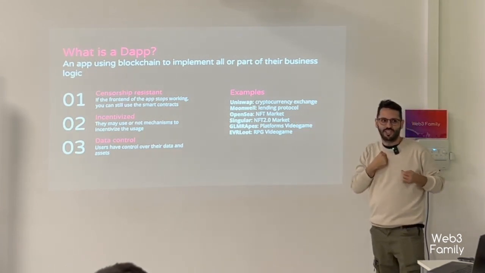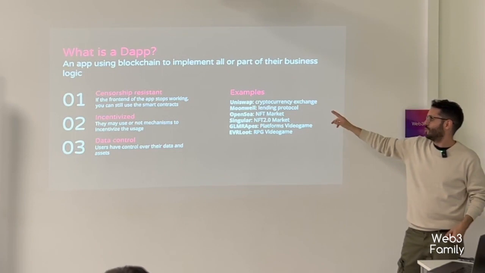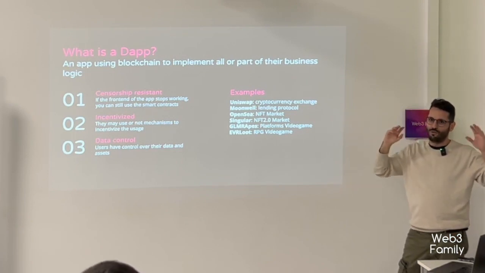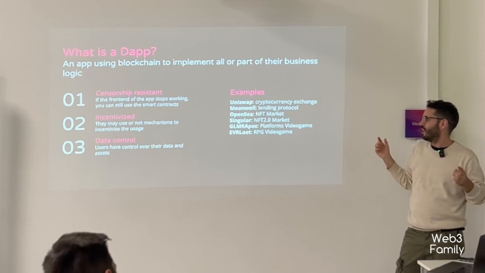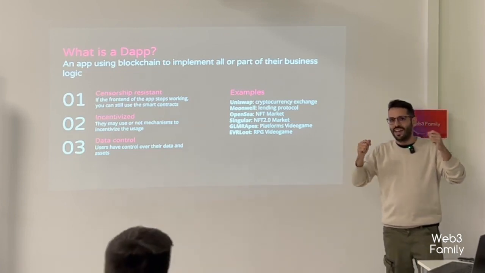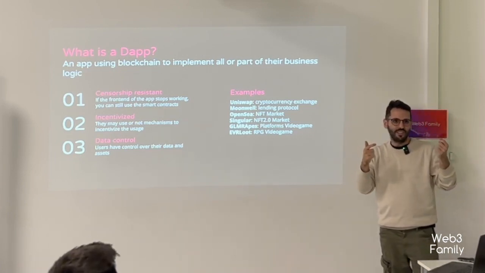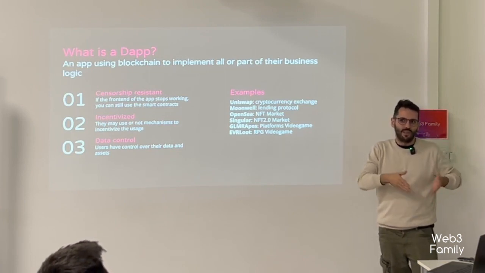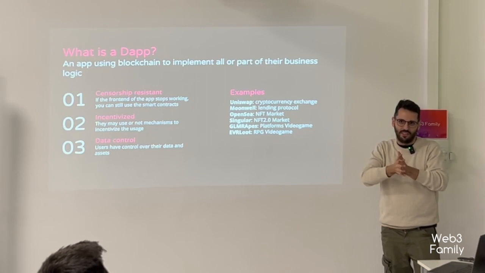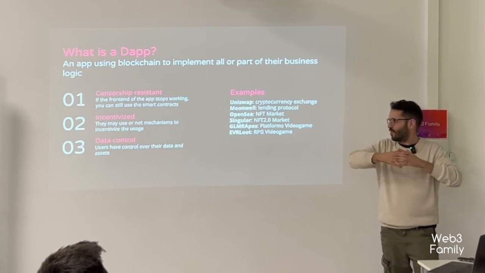In a real world example, Uniswap is one of the most popular apps and one of the oldest. You can exchange cryptocurrency without going to a controlled company, to understand ourselves.